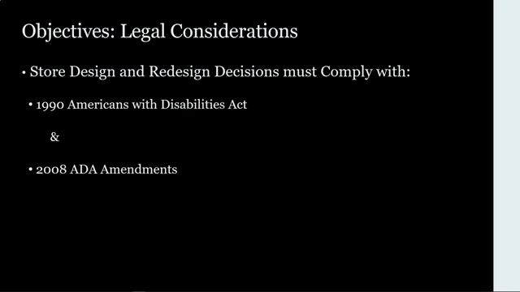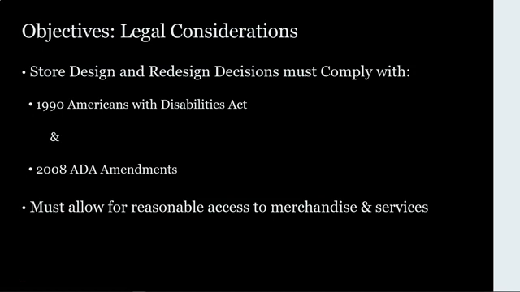These say that retailers must allow for reasonable access to merchandise and service, but what this does not state is what reasonable access means. What does the term fully accessible mean? What does undue burden mean? These items are not specifically stated for retailers.